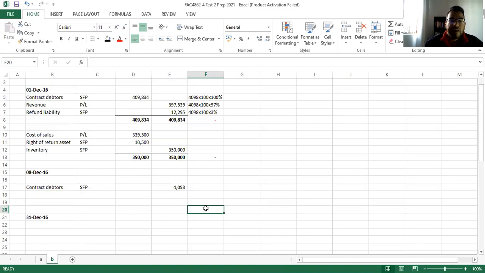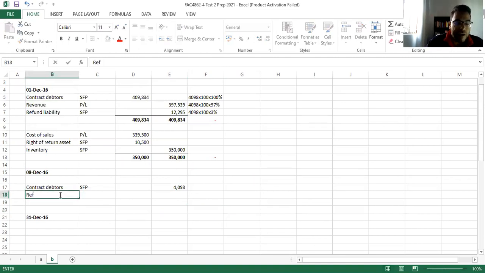One person returned, so when we decrease contract debtors, we can decrease refund liability because we have set aside 3 returns, and one person returned.